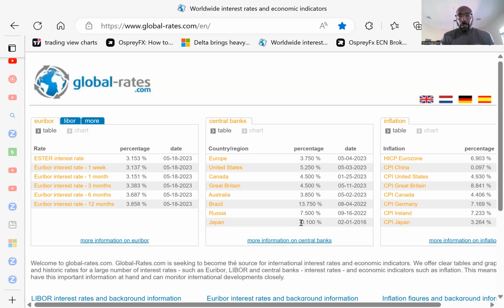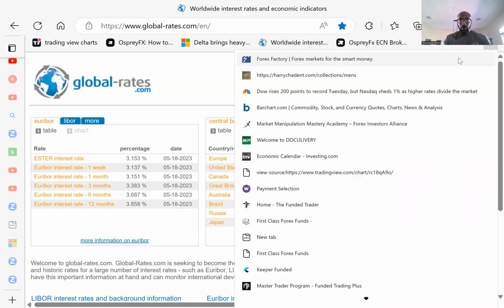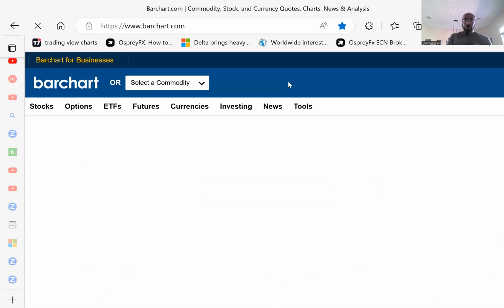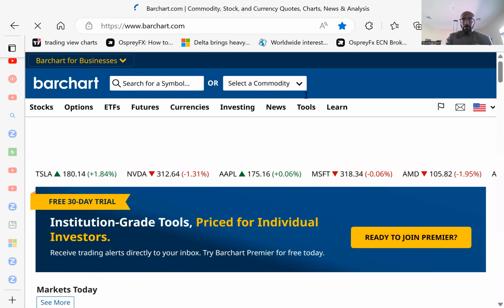There's also a website, and I forget the name of it, but you want to see the COT, commitment of traders, right? If you type in COT, I know for sure barchart.com is the website I was thinking of. But if you type in COT, I know on Instagram there's a page that gives out the COT reports, right?